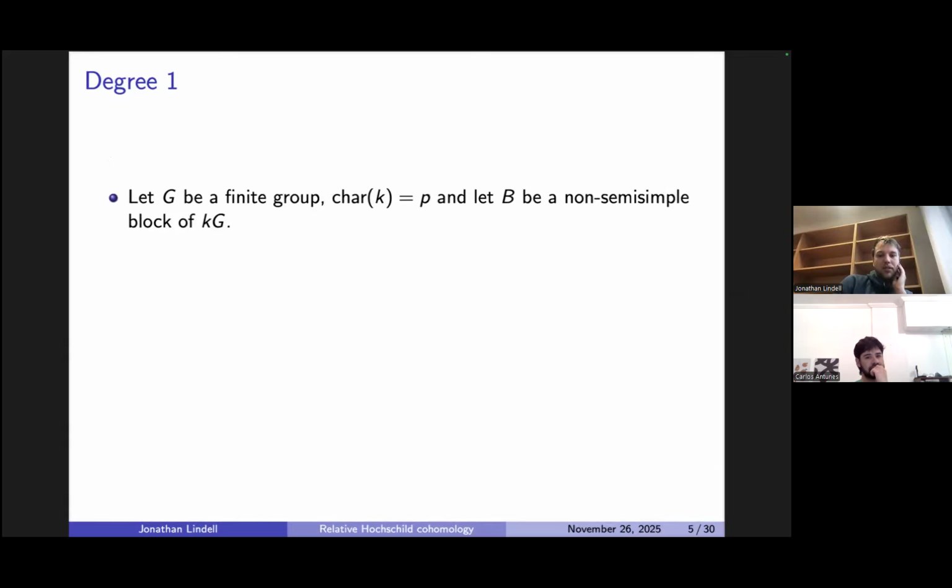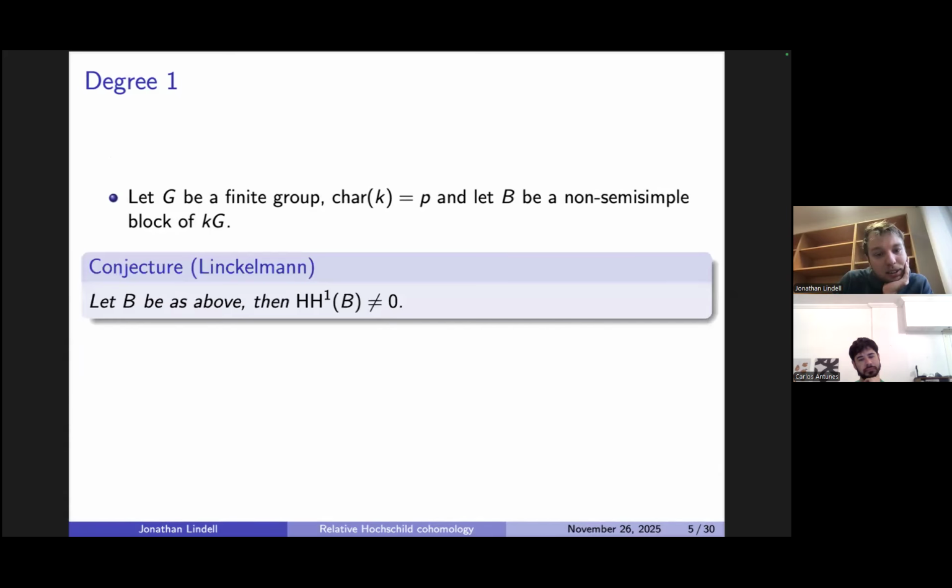And also, to give a context of interest in HH1, in the context of group theory, if we now let G be a finite group, of prime characteristic P, and then let B be some non-semisimple block of the group algebra, then it's an open conjecture by Linckelmann that the HH1 of the block is non-zero.